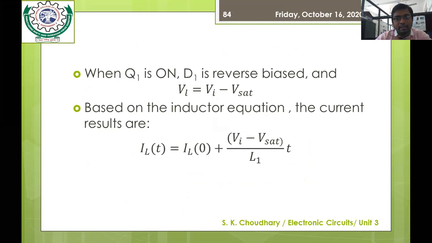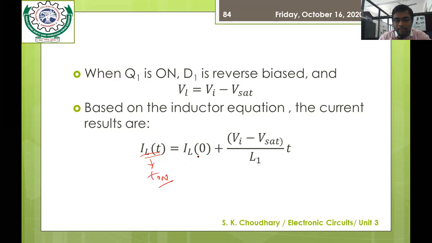Based on the inductor equation, you can also find the current across the inductor. I have told you that it is linearly increasing with respect to time. So as long as your switch is on, your current keeps increasing across the inductor, as shown in this equation. Also, you can say IL(t) is a time-dependent current, so it is only increasing for T on time.